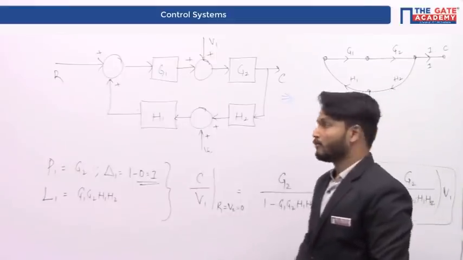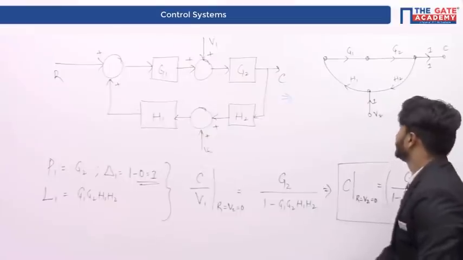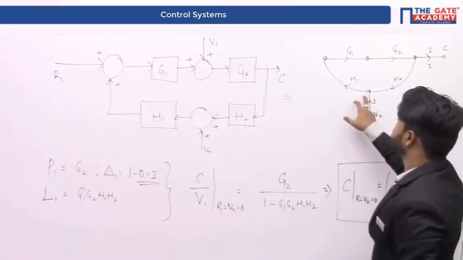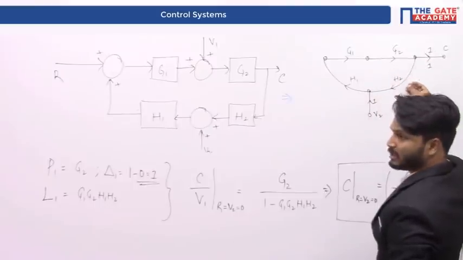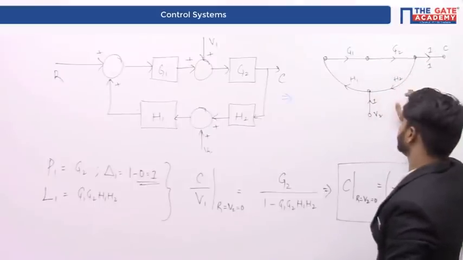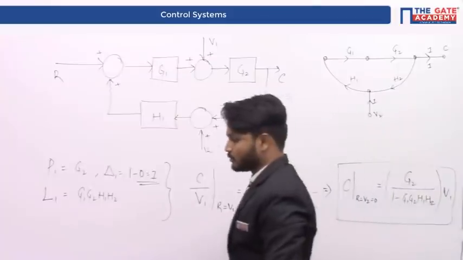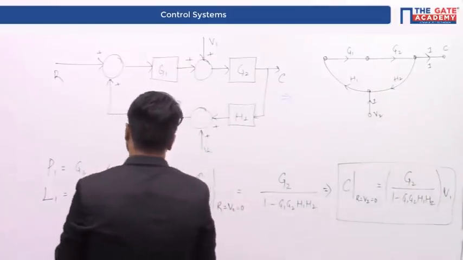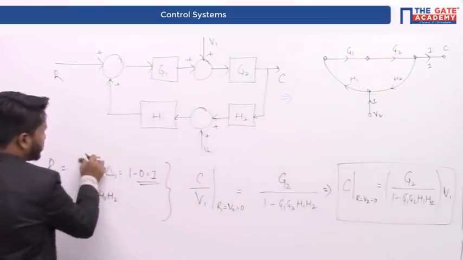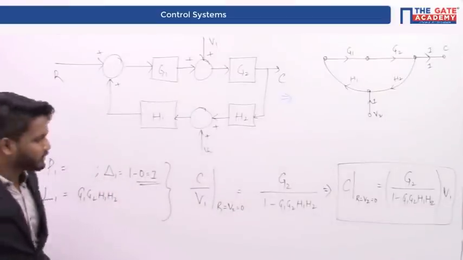Right? So for V2, what is the forward path? The forward path in the case of V2 is H1, G1, G2, and the only feedback path present in this case is H2.